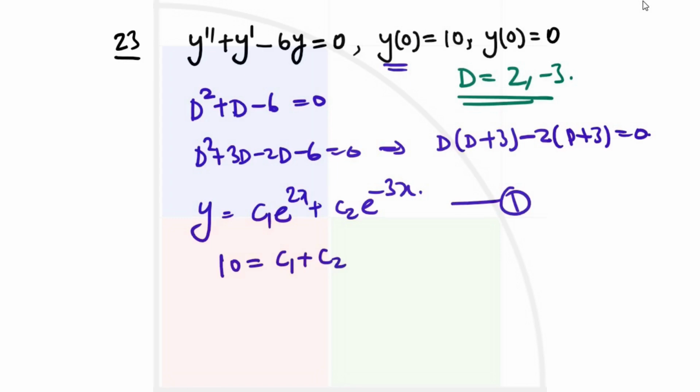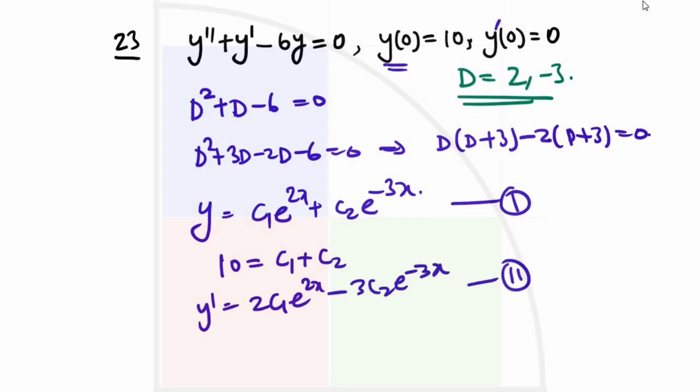And the second condition is y prime 0 is equal to 0. So we will have to differentiate it. y prime is equal to 2c1 e to the power 2x minus 3c2 e to the power minus 3x. And then we substitute these conditions.